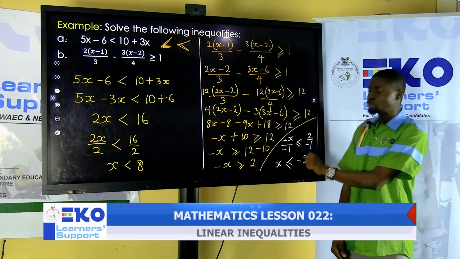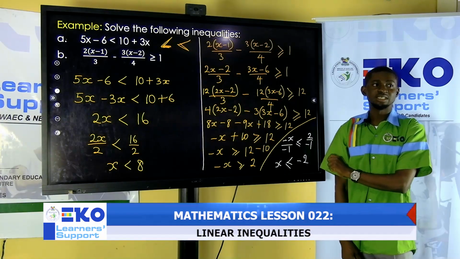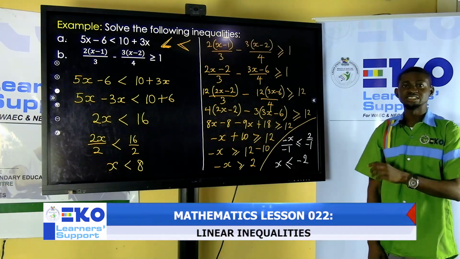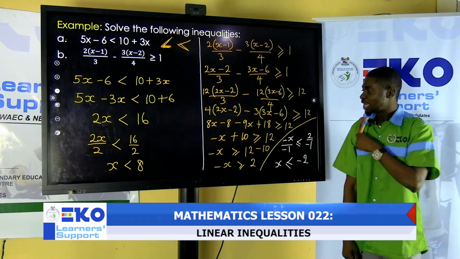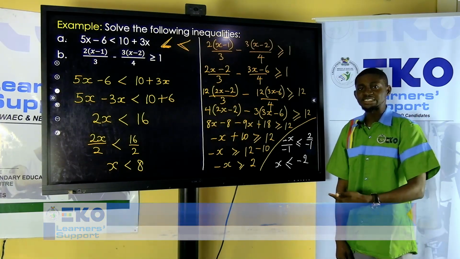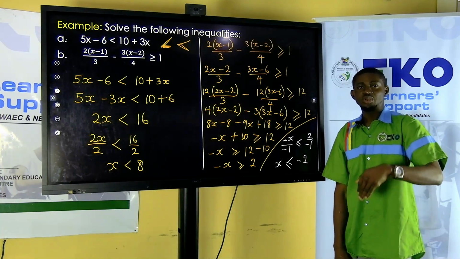Now this is an inclusive inequality. X is less than or equals to minus 2. That means among the possible values of x, we will have minus 2 included.